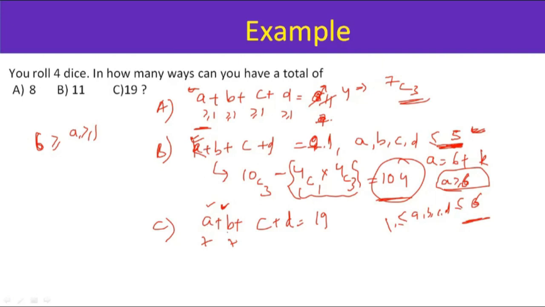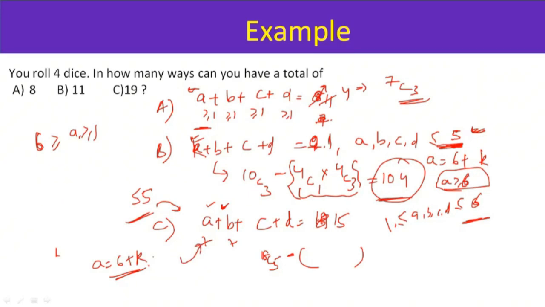Why? Because see, if you try to do it, you will give 1, right? You will say 15. Then in this, the total answer is 18C5. But here the A, B, C, D have to be less than equals to 5 with the same logic that we did. So again, we will consider A as 6 plus K, and then we will substitute it here.